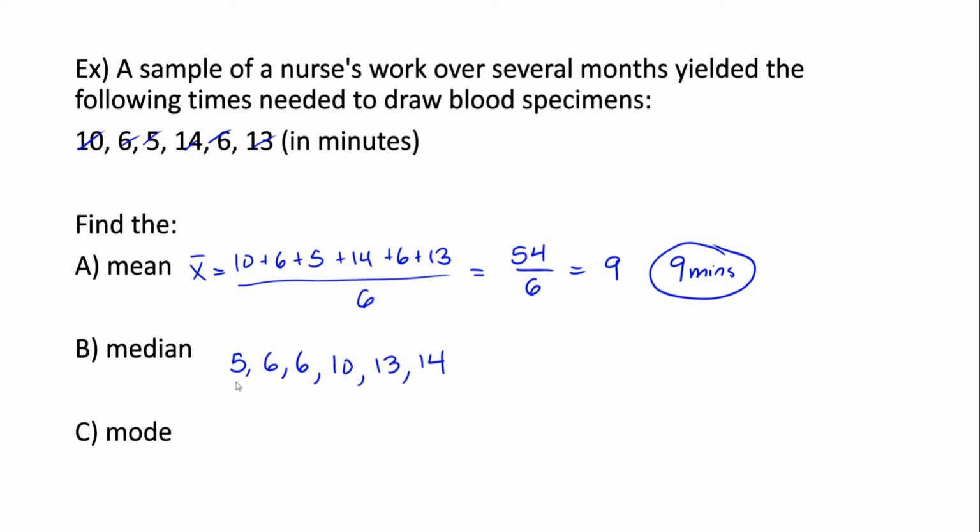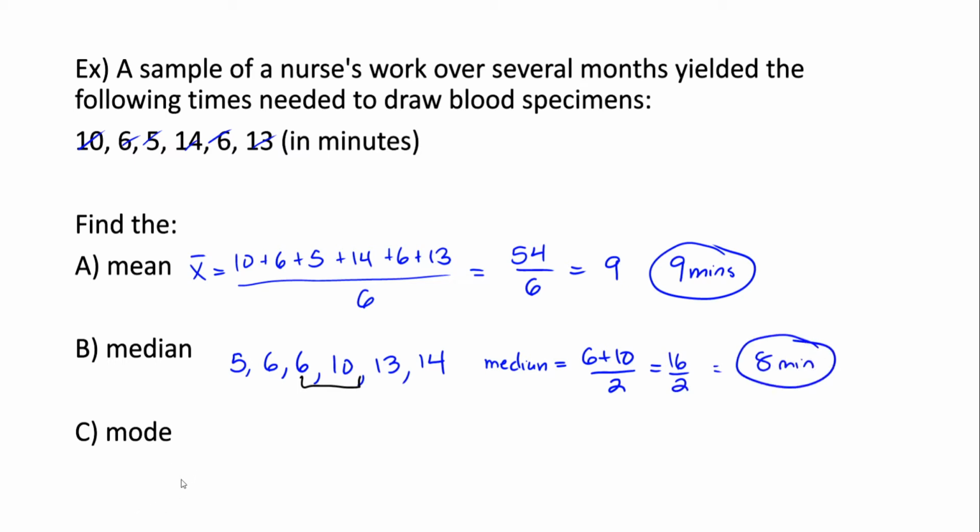Now that we've arranged it from lowest to highest, we can look at what our middle is. So our two middle terms here are 6 and 10. If we had one term in the middle, that would be our median, but we have two middle terms, so our median is going to be their average. So 6 plus 10 divided by 2, 16 over 2, or 8 minutes.